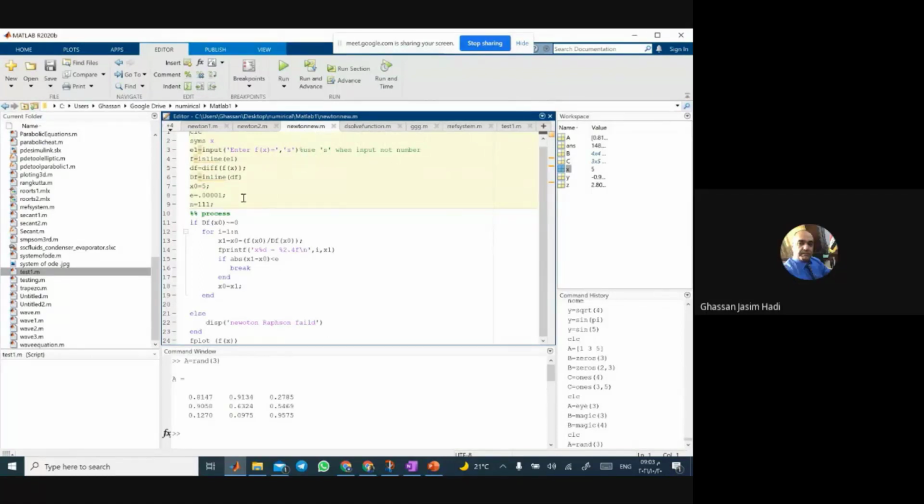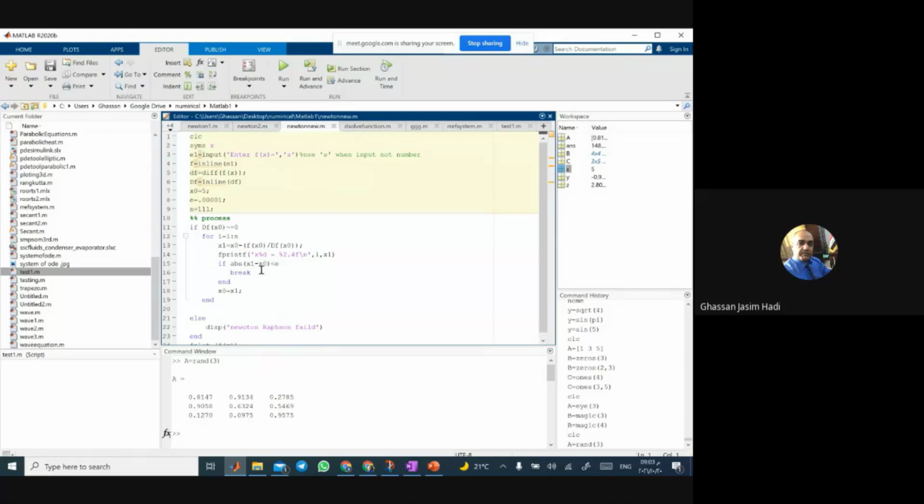We will talk about it maybe next lecture, inshallah. This is to input the equation. This is to make it an equation. This is to differentiate the equation. And this is the if command. And this is the for loop. This is a loop to make us return. We will talk about it.